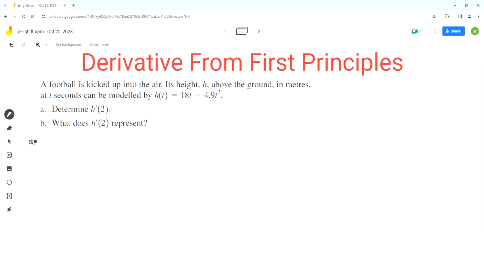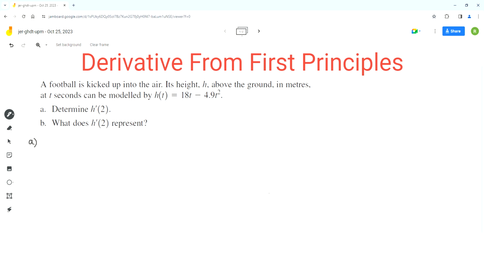In part A, we have to find h'(2), which is the first derivative of the h function at t equals 2 seconds. The first step is to write the expression for the derivative of a function using first principles.